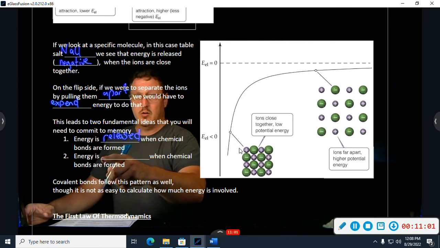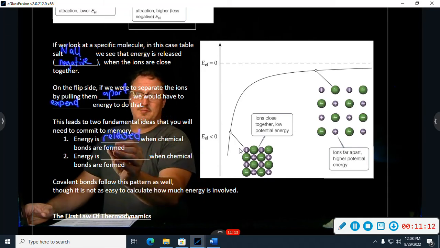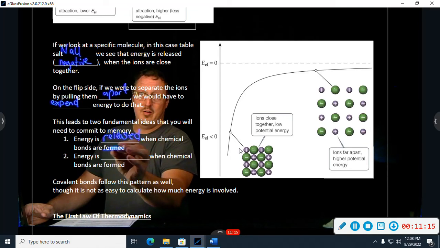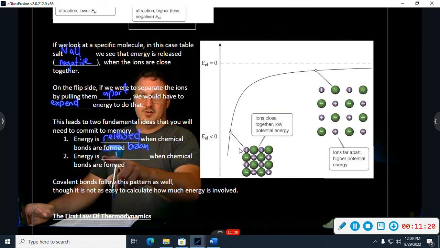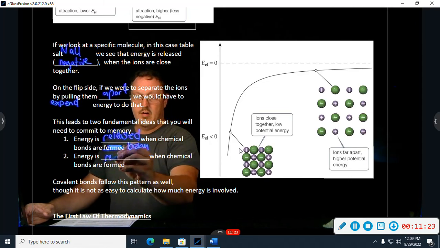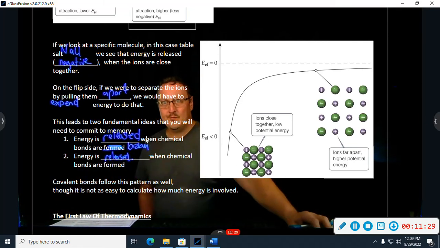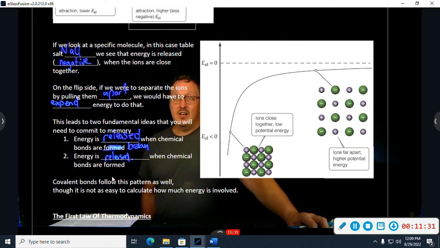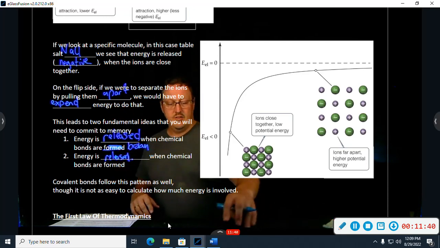Energy is absorbed when bonds are broken. Oops, typo, I've got to fix that. I'm sorry. Covalent bonds follow this pattern as well. We're going to get to that in a little bit. So we're going to stop right here, and we'll come back to this one in just a second.